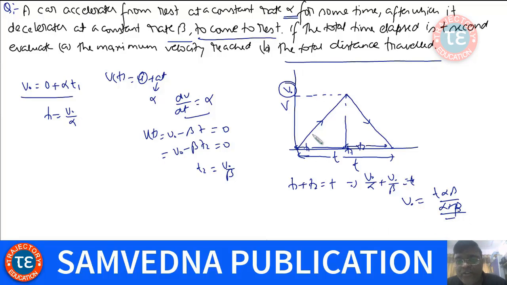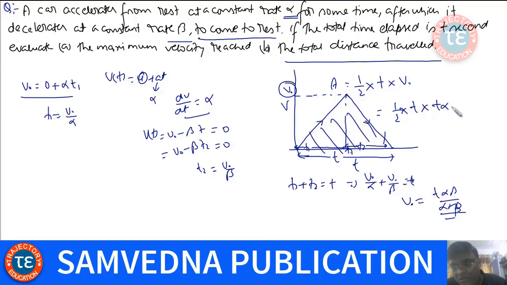That would be the answer. Total distance traveled will be the area under the graph, half into T into v naught, so 1 by 2 into T alpha beta by alpha plus beta. That will be the distance traveled.